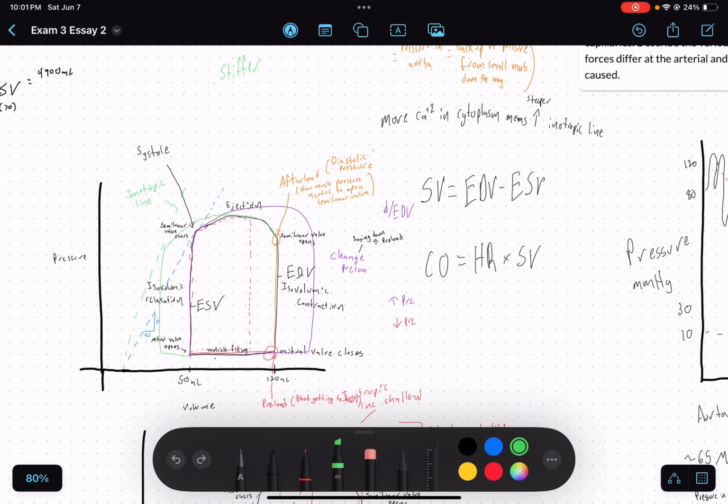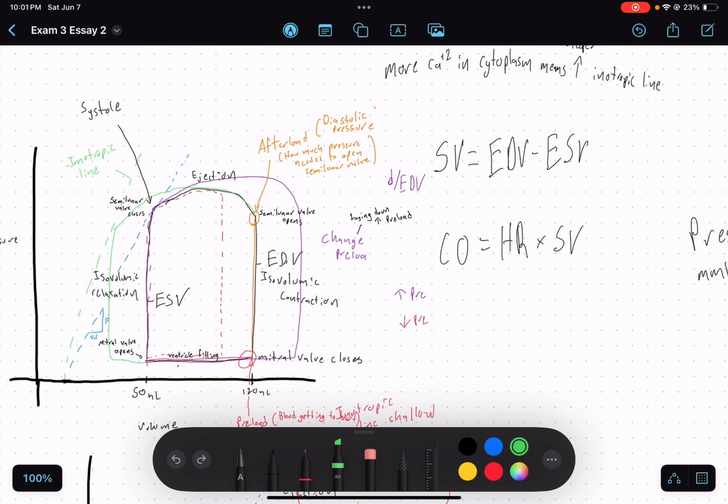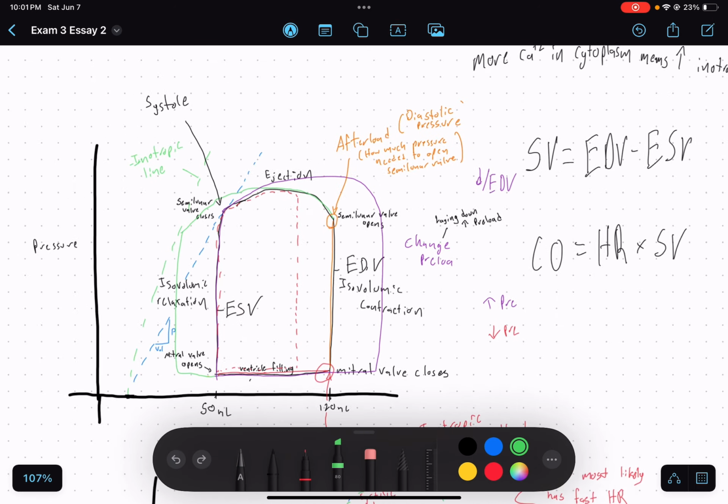So the steeper the line, the more stiff your heart is, which can cause problems in the future, because then your heart is having to put forth more work to get blood to the body, and the calcium is remaining within the cytoplasm, and so that means something is going on that shouldn't be, and so your body wants to return to homeostasis. You've got to do something to fix that.